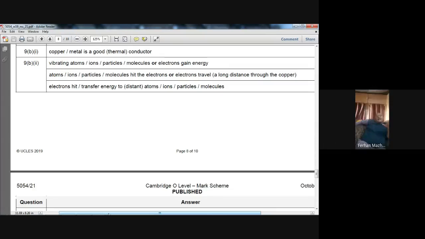Good answer. Free electrons which are at the hotter end will absorb thermal energy. Their kinetic energy will increase and they will move towards the colder end of the copper.